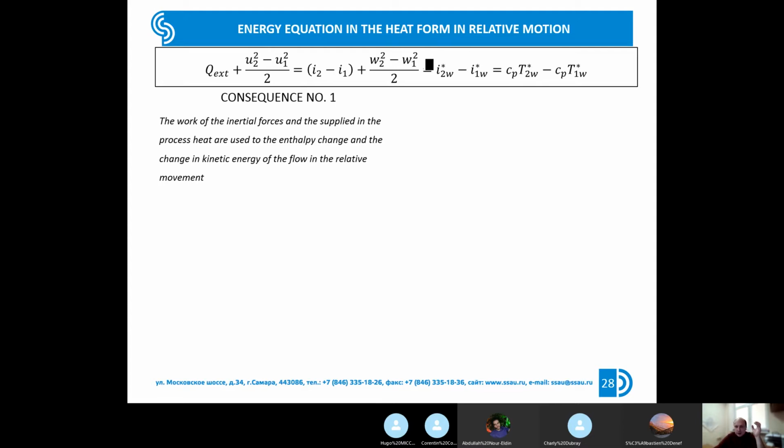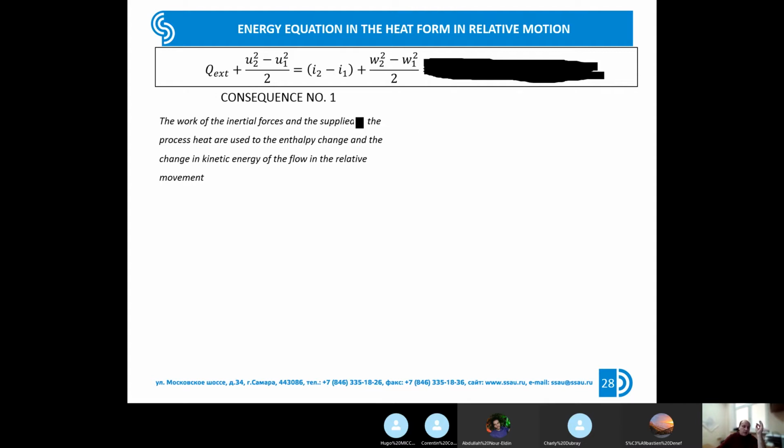So, first conclusion, let's hide this part of the equation. And let's simply read this equation. What do we receive? The work of inertia force and supplying external heat in the process are used for the change of enthalpy of the flow and the change of kinetic energy of the flow in relative motion. It's the first conclusion. Of course, it's the common conclusion.